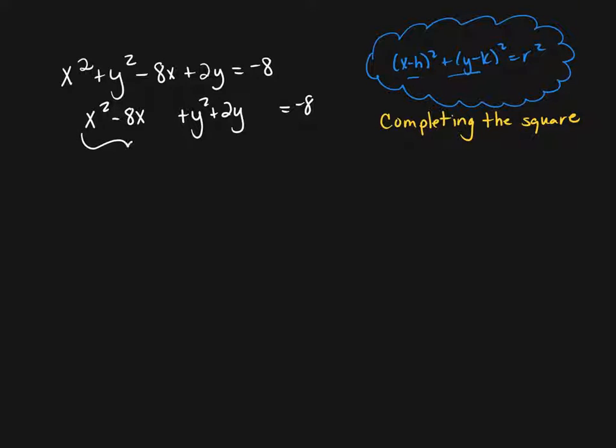Now, I'm going to complete this square first so that I can factor it into something that looks like that. To do this, you take the coefficient of your linear term. That means the number multiplied by the x to the first power. Okay? Take the coefficient of the linear term.